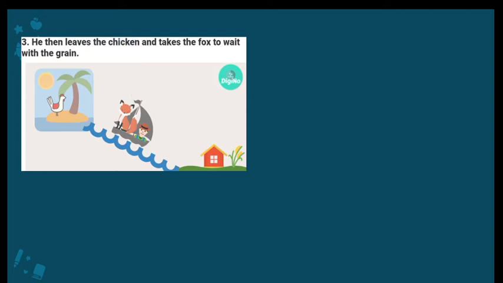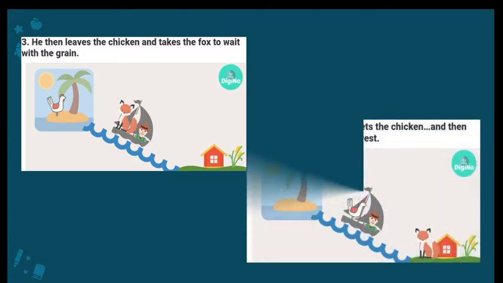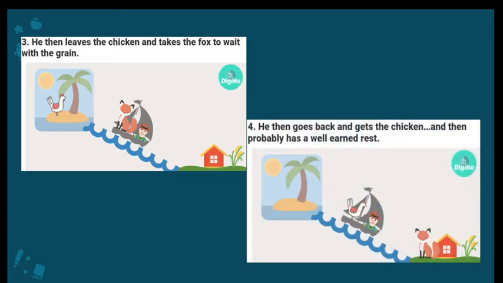He then leaves the chicken and takes the fox to wait with the grain. So, in this way, he will avoid the fox eating the chicken. He then goes back and gets the chicken.